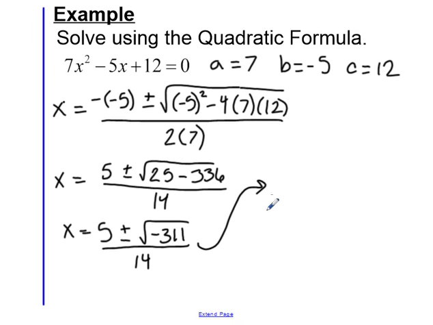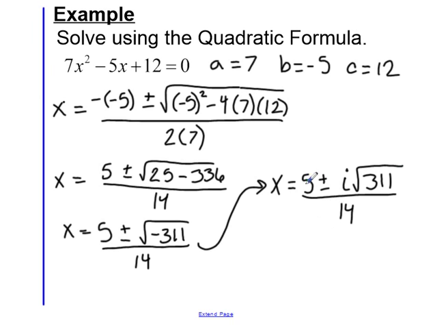So when I write my final answer in this problem, I want to bring the i outside of the square root sign, and it's basically holding on to the negative for this 311. It's still all over 14. 5, 14, and only an i are not reducible like the last problem. So I am done at this step.